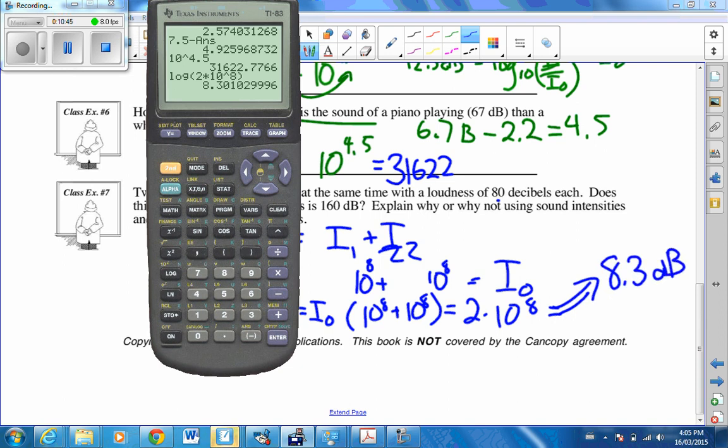And again, remember, a single jump in bells is a factor of 10, or a factor of 10 in decibels would be a factor of 10. And it's not going up by a factor of 10, it's going up by a factor of 2.